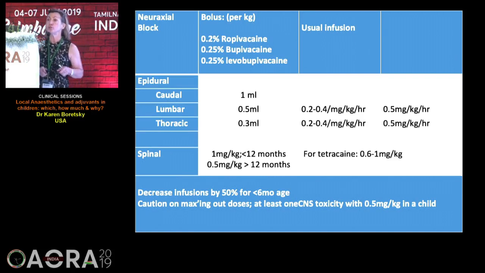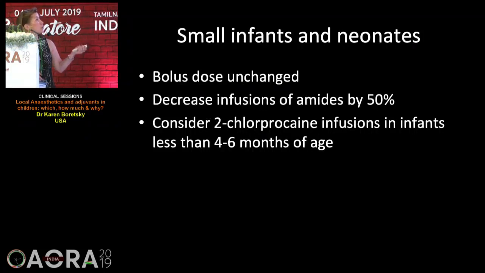When you have children who are less than 6 months of age, because of those reasons we talked about with immature metabolism, you have to decrease this by half, such that the infusions really run at 0.2 to 0.25 milligrams per kilogram per hour in the babies. Okay, small infants and neonates, bolus doses unchanged, decrease your infusions, and this is where you want to consider your 2-chloroprocaine infusion in infants less than 6 months of age because of the concerns about accumulation.